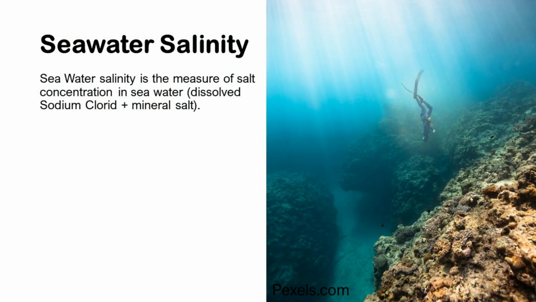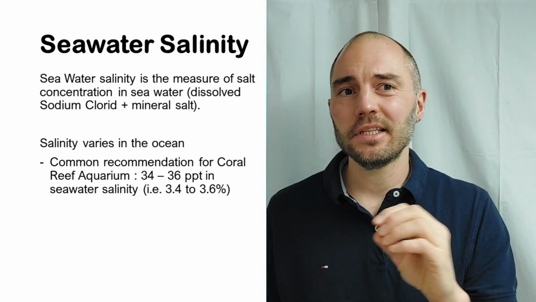Before looking into the components, I need to introduce one measure, being seawater salinity. Seawater salinity is the measure of salt concentration in seawater, and the salt concentration being the dissolved sodium chloride and the mineral salts. Salinity varies in the ocean.